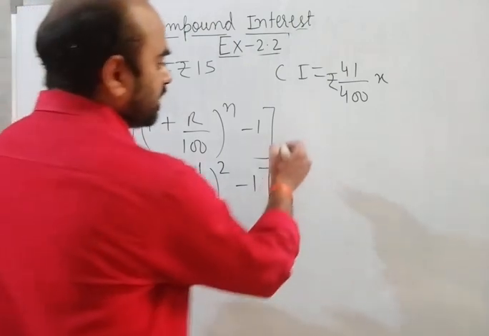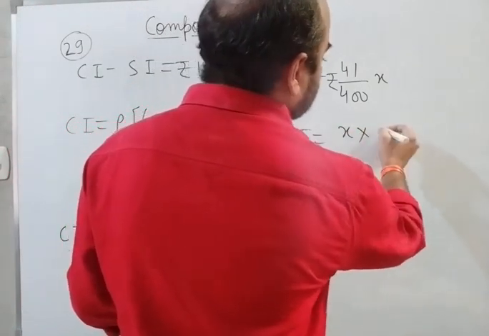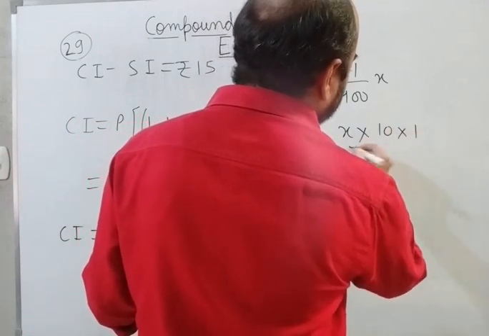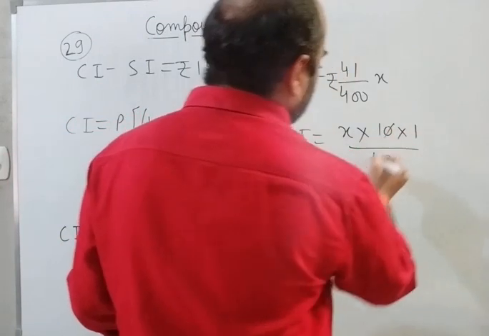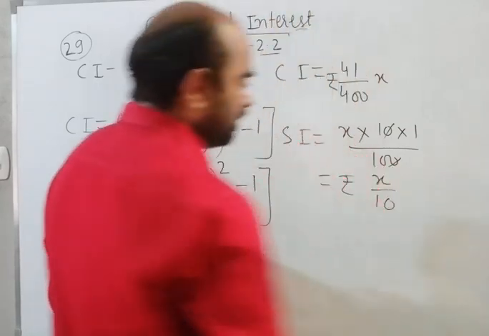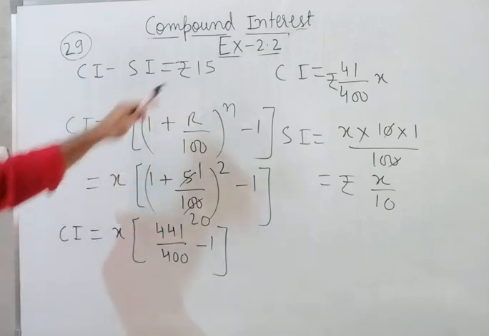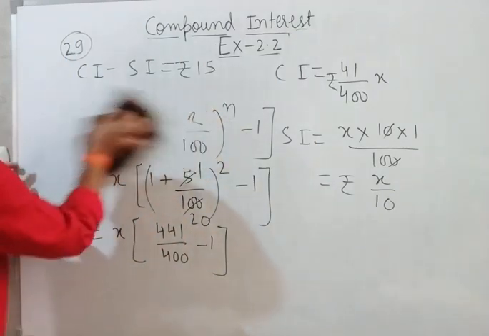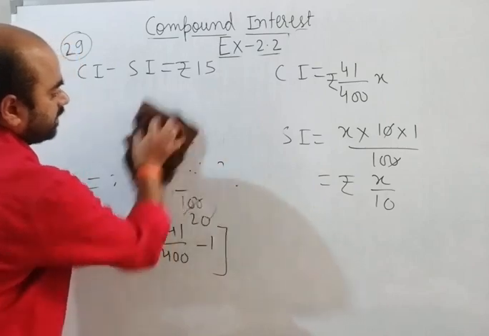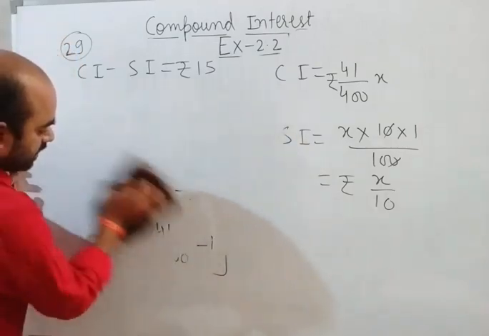Now simple interest. For simple interest, P is x, R is 10, time is 1. So that will come only rupees x by 10. Simple interest, clear? Now we will substitute. We have to find CI minus SI.